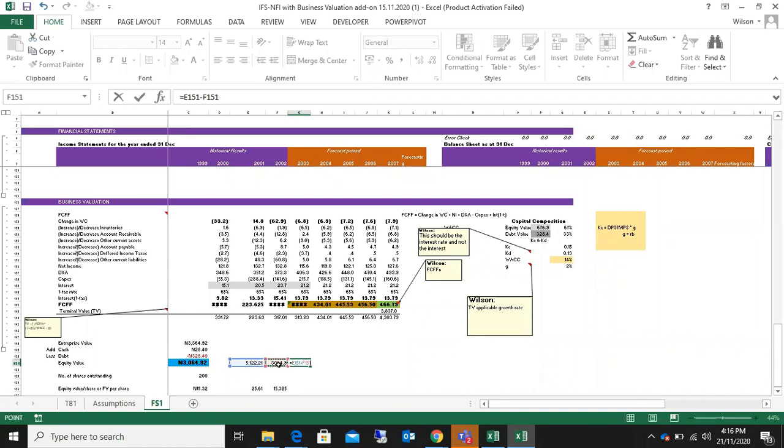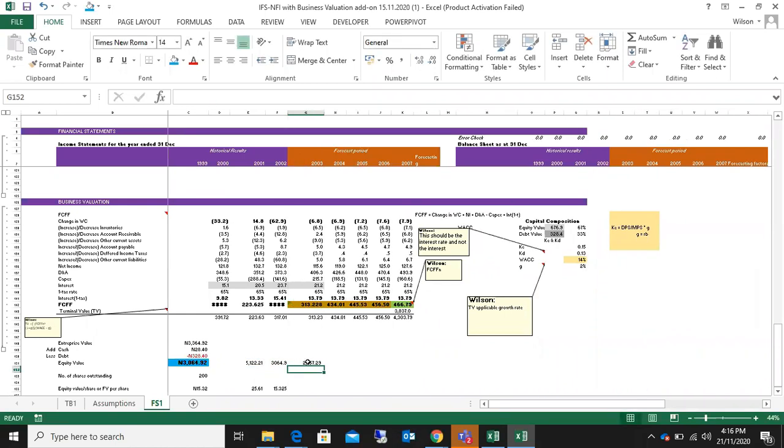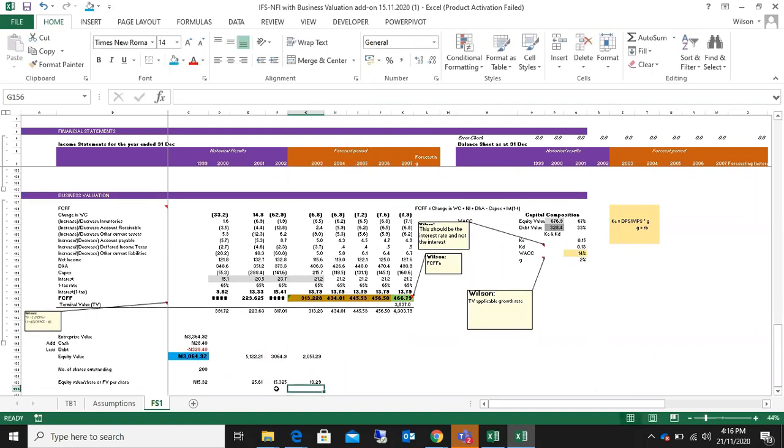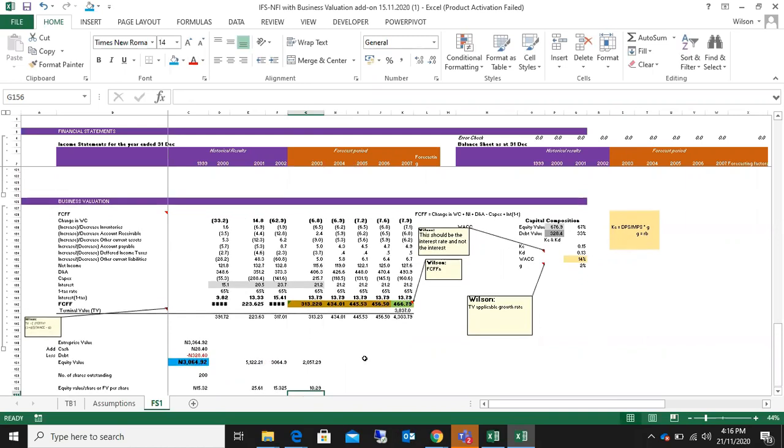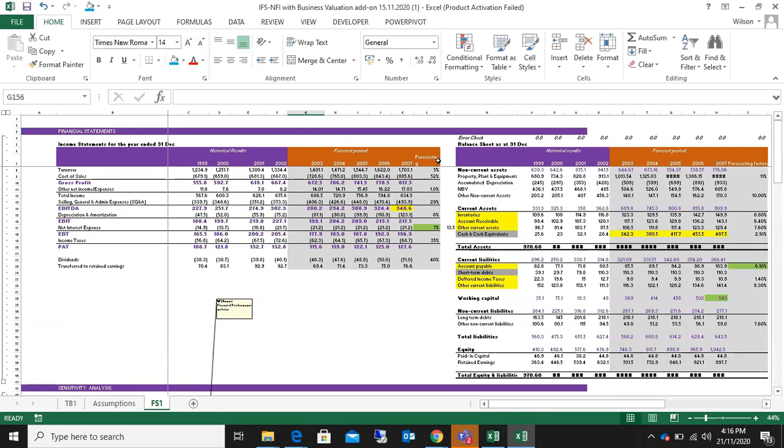So equity value went up by 2057, and the fair value of the business went up by 10.29.